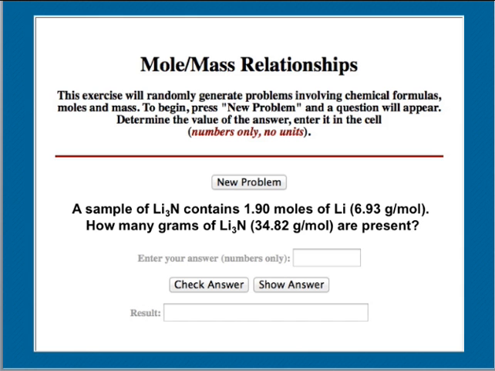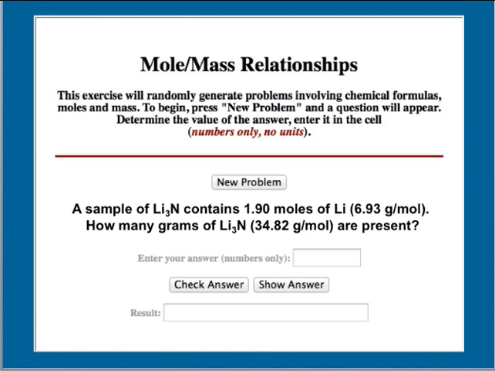Well, you need to use the mole ratio here first. We know moles of lithium, and there are 3 lithiums per molecule, right? So our mole ratio there is going to be 3 to 1. We know we have 1.9 moles as our given, and we know that lithium nitride weighs 34.8 grams per mole.